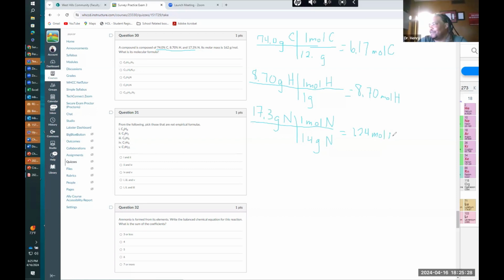Okay. So now we have to divide by the smallest value, and that would be 1.24, right?